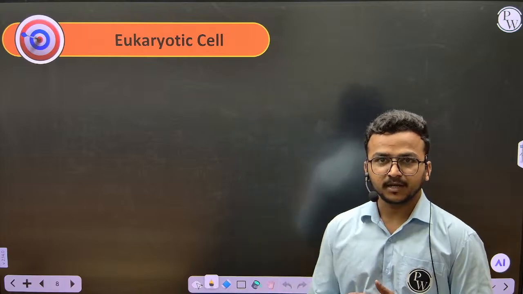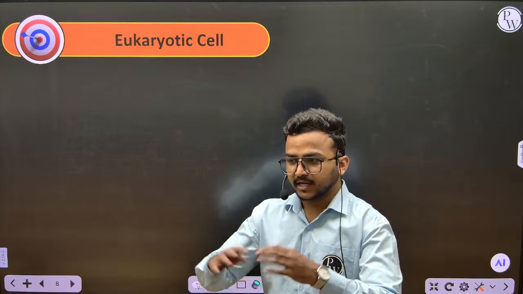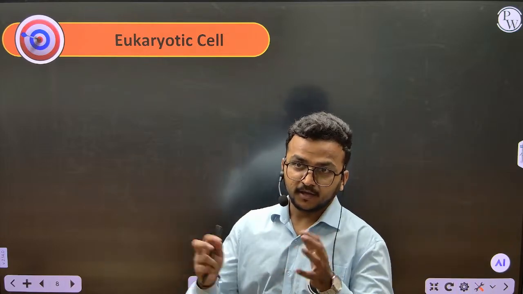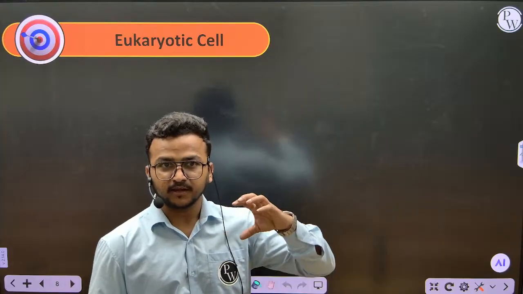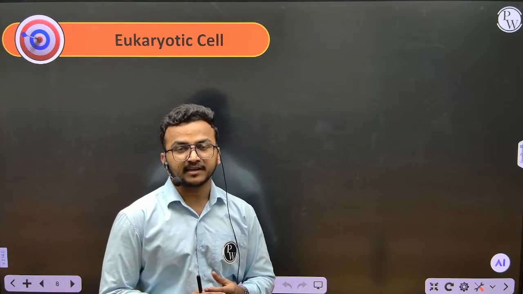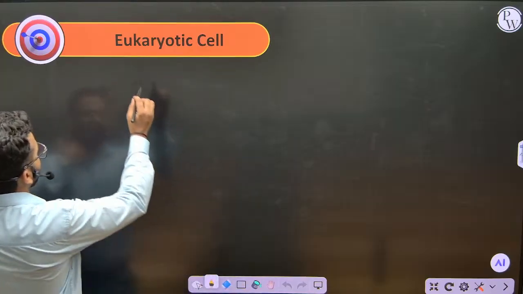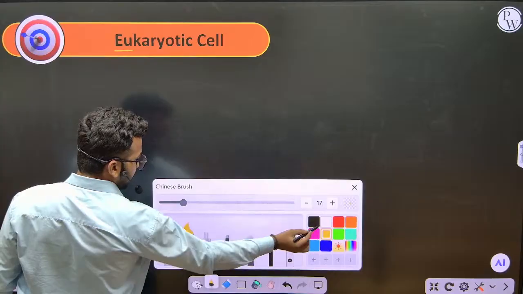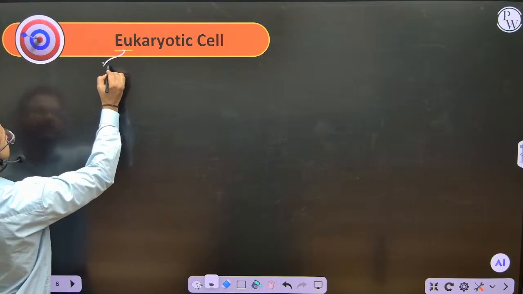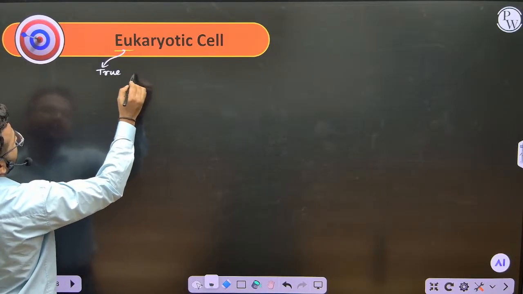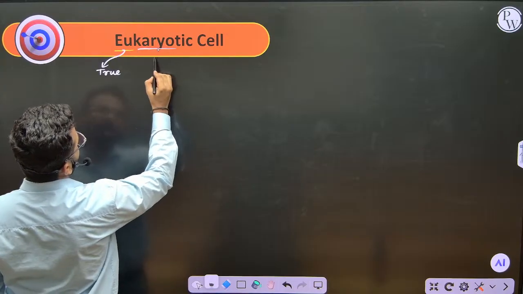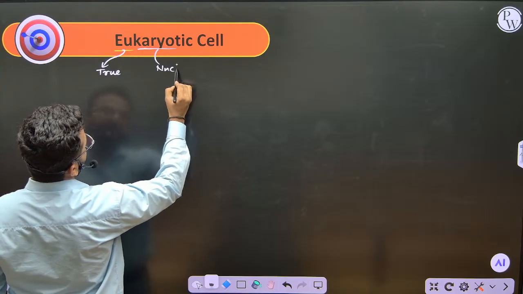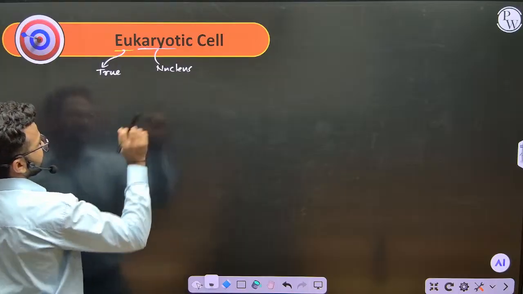Endosymbiosis is nothing but engulfing something and making a complete organelle, and so a complete cell, a eukaryotic cell. Eukaryotic: here eu means true, and karyon means nucleus. So a true nucleus is seen in these cells.